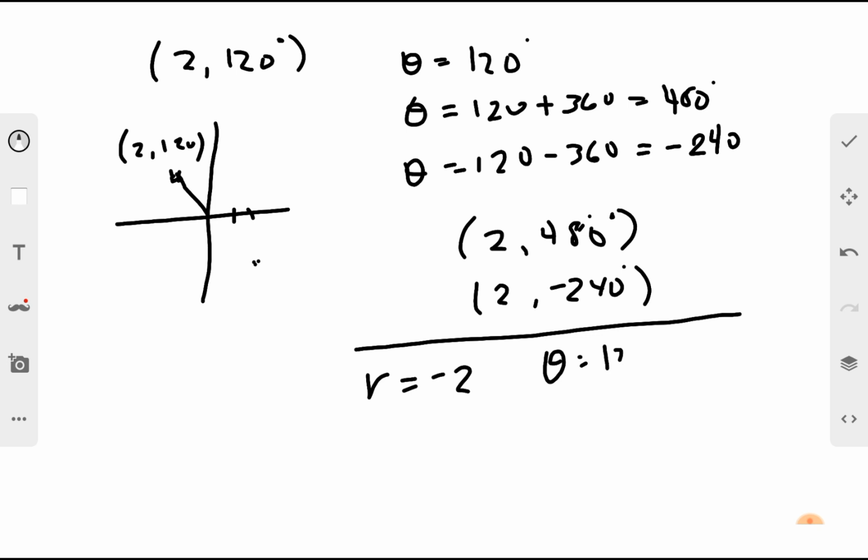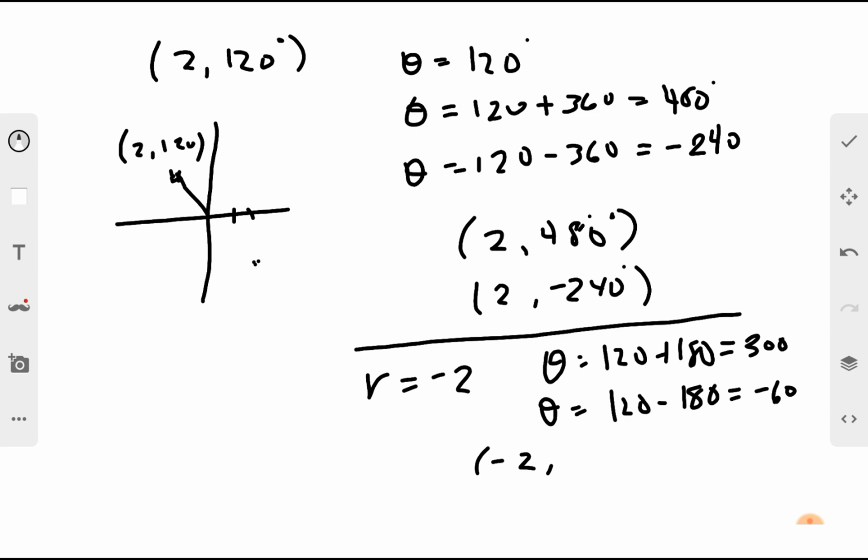So we're going to take 120 plus 180, and we're going to take 120 minus 180. That gives us two options for angles that are directly across from 120. Adding gives us 300, and subtracting gives us negative 60. So that gives us two more polar coordinates: (negative 2, 300) and (negative 2, negative 60).